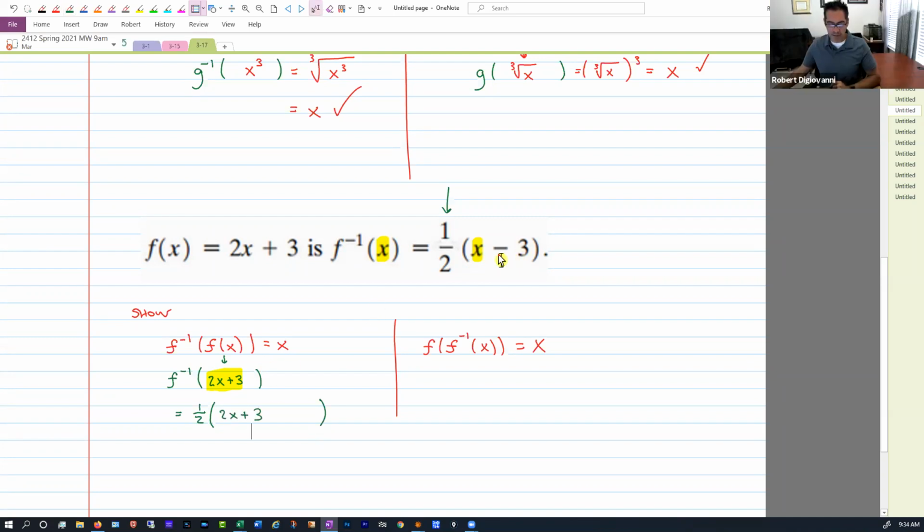But then we still have to subtract 3, and that stays in the parentheses. Now, do you see that the 3's just cancel? And now you're left with just half of 2x. And then the half and the 2 cancel, you just get x. So we're halfway there. Does that make sense to everyone?